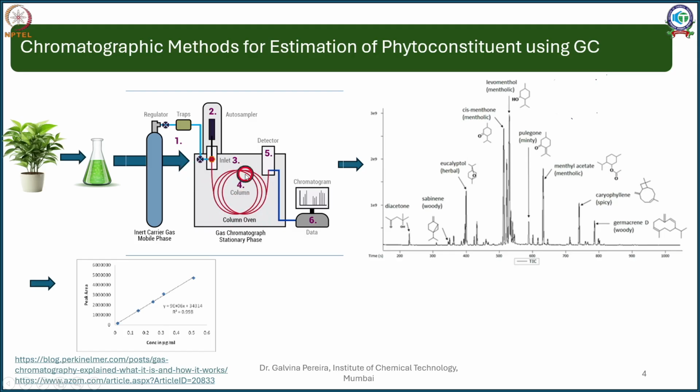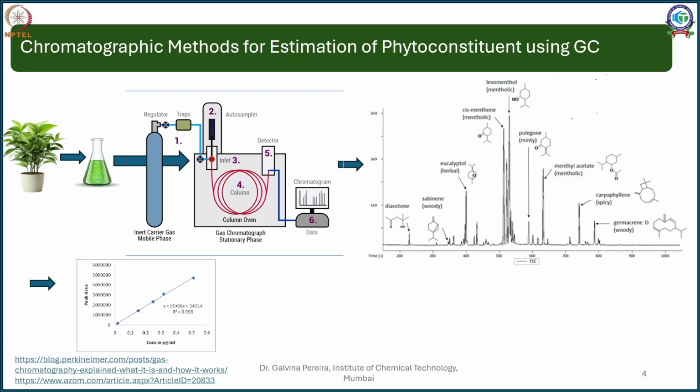So the gas is moving through this column, your eucalyptus extract is injected, and at the same time it is being heated. Now what is going to happen is, every component of eucalyptus, say for example eucalyptol or pulegone or menthol, has a slightly different boiling point. So they will volatilize, and depending upon their boiling point they will evaporate and come into the vapor phase.